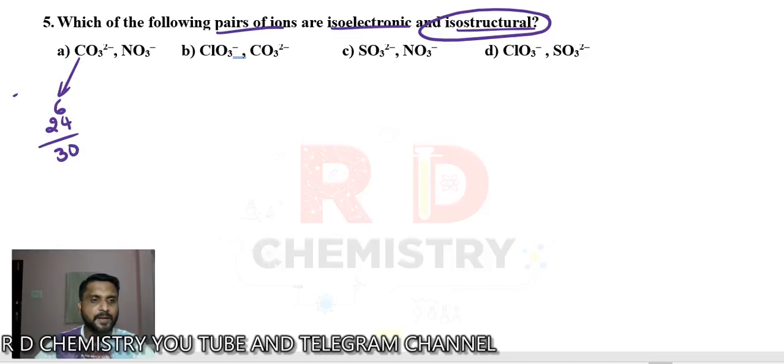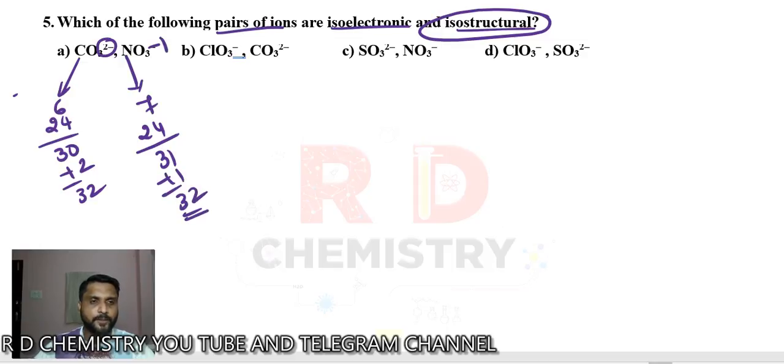That makes 30, plus 2 extra electrons for the carbonate CO3 2 minus, so 32. Nitrogen's atomic number is 7 and the electrons on oxygen are 8 into 3, 24. That makes 31, but nitrate has a minus 1 charge, so add 1 to get 32. So it is isoelectronic. When you draw the structure with C double bond O, I can write the Lewis structure also like this.